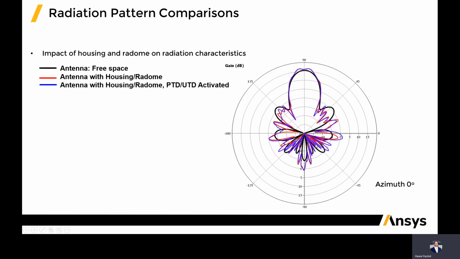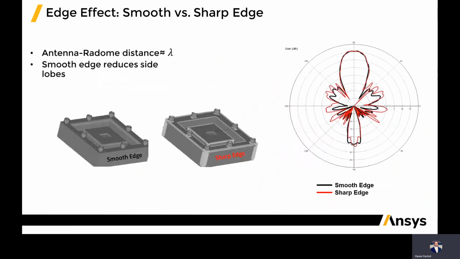And we're using SBR plus here. And the next step is that we are activating the PTD, UTD. Basically, this is the physical theory of diffraction and uniform theory of diffraction, taking into account here the diffraction effects, and see what is the result of that.